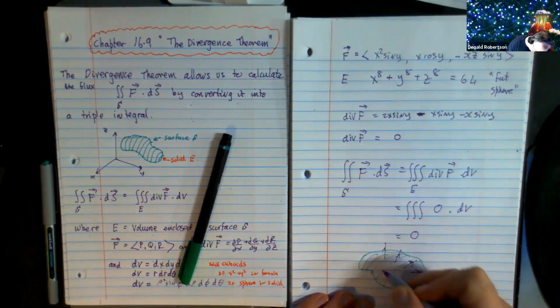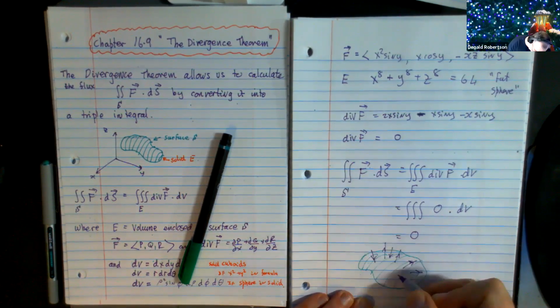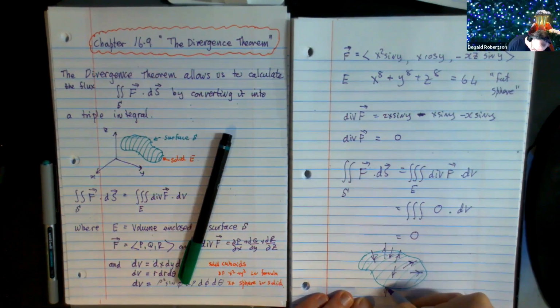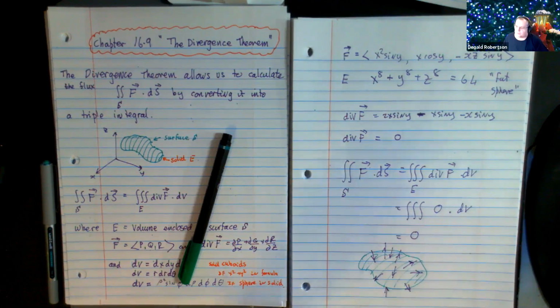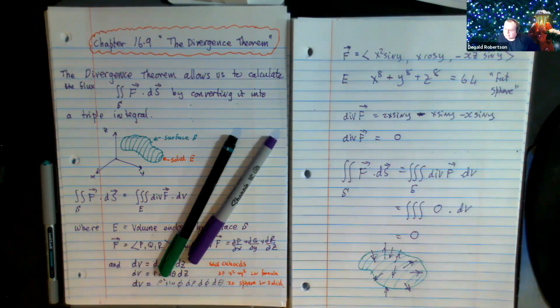But won't some vectors be pointing into the shape, and other vectors pointing out of the shape, all the way along, underneath it, above it, and whatever? If the flux is 0, that kind of tells me, if you think of this as being like a membrane, isn't there just as much stuff going into the thing as there is coming out of the thing? So that's what I'm thinking a flux of 0 would be, right? There's no net loss or gain.